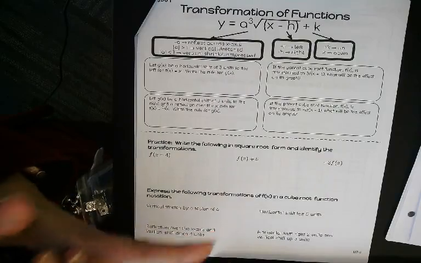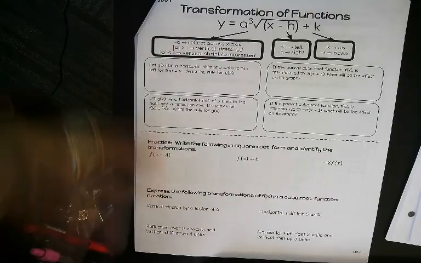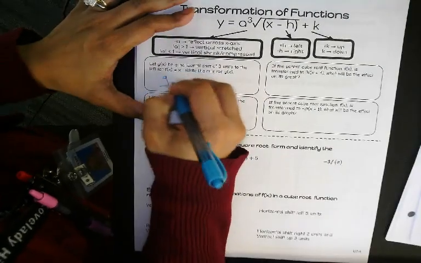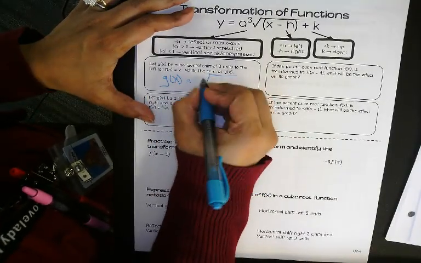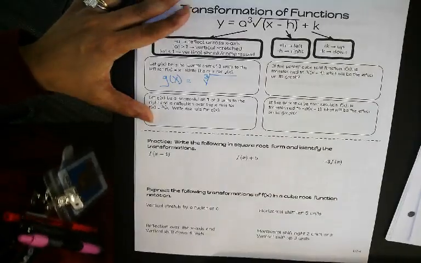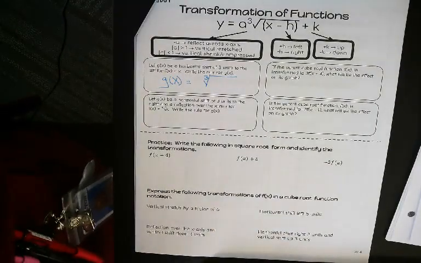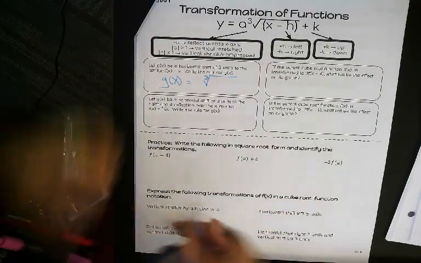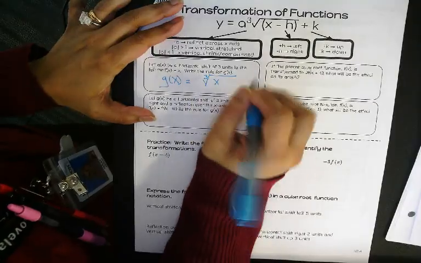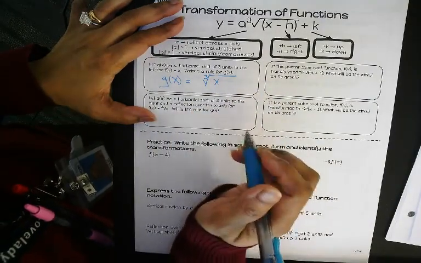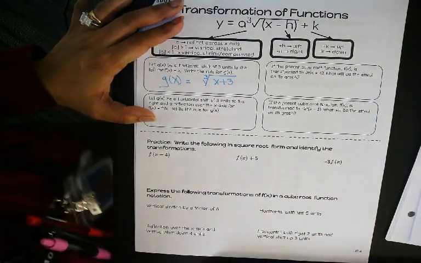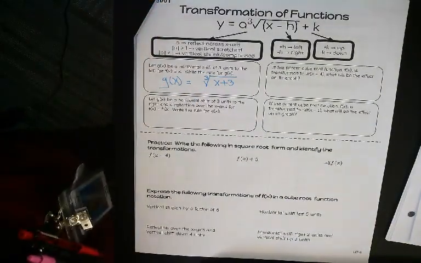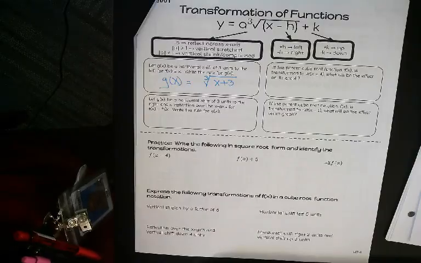And inside the function or outside the function? Inside the function. So if we write this, it's going to be g of x equals, don't forget it's a cube root, so there will be a small cube with your root function. And then it's going to be x, since it's going to the left, it's going to be plus. Any questions? We good? Great.